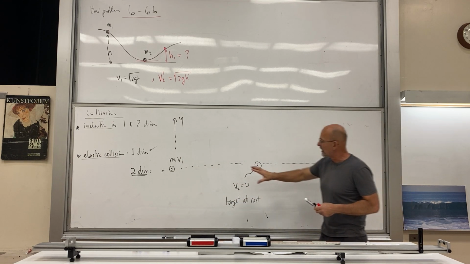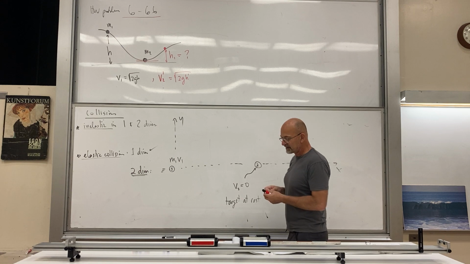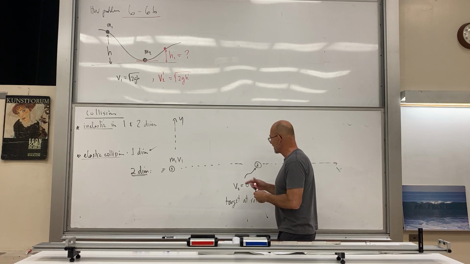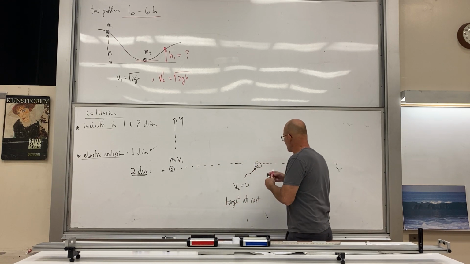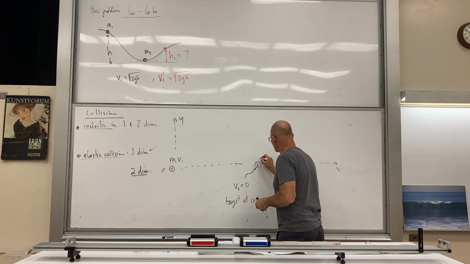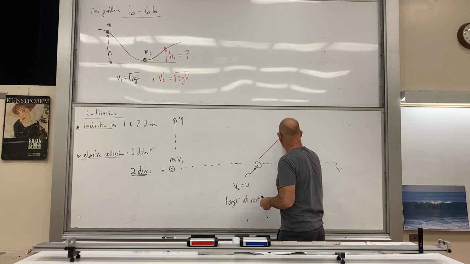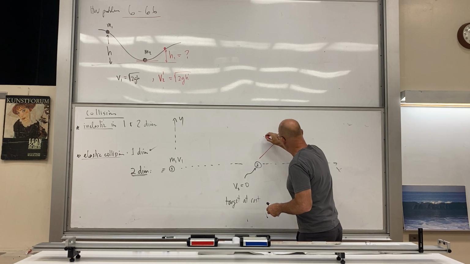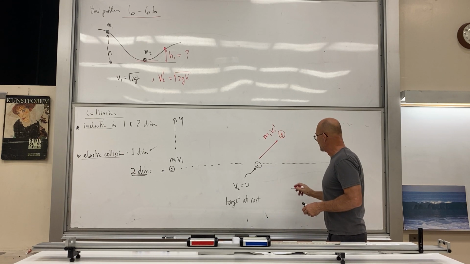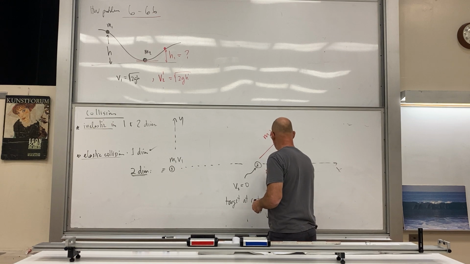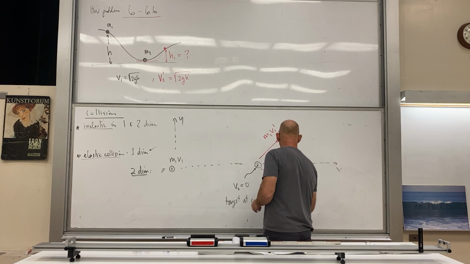Okay, so the balls collide, and then I've got colors, so I'll go ahead and let M1 go out in this direction here. So that's 1. We have M1 V1 prime, and then 2 going to go down here.